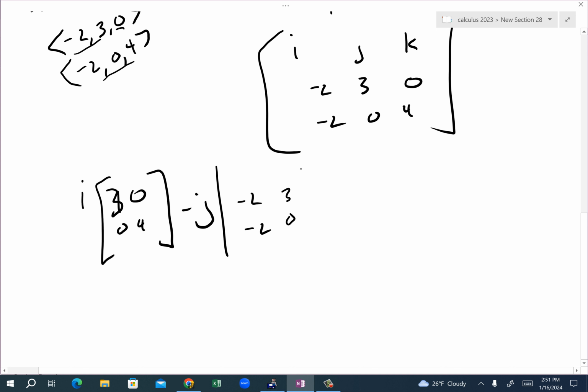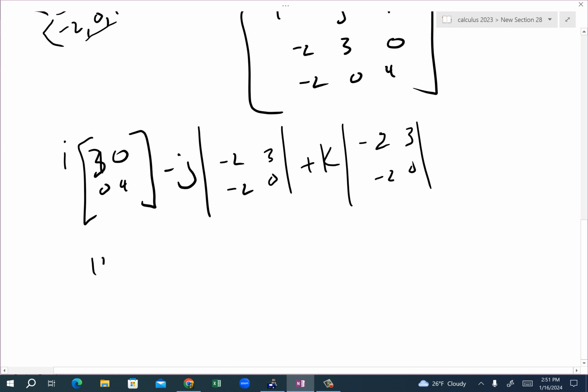Okay. And then negative 2, 3, negative 2, 0. That's 12i minus, and then here you're going to get 0 minus 6, so plus 6... minus 6j, and then you're going to get 0, and then minus 6, so minus 6.